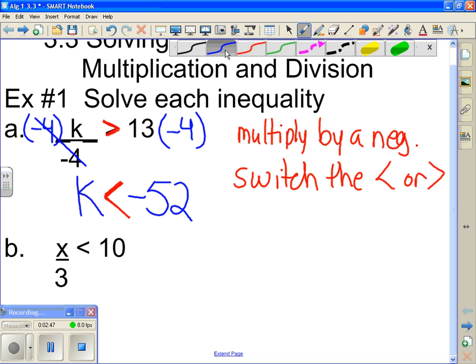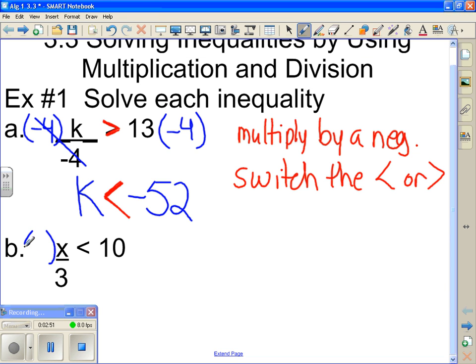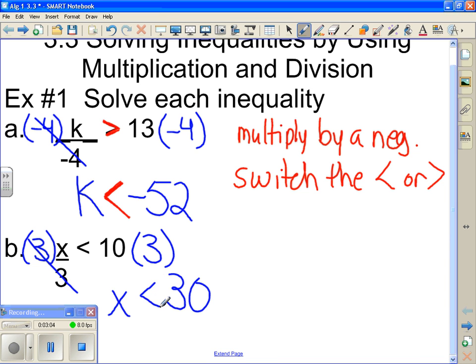Okay, so how do you solve for x? That's right, multiply by 3. Multiply by 3. And what x will be? That's right, 30. And do you switch the less than sign?